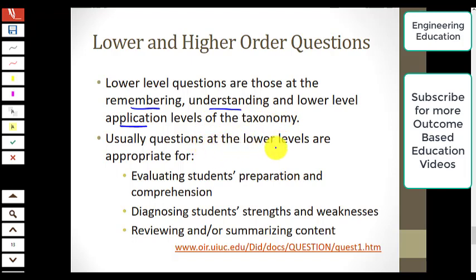Usually questions at the lower levels are appropriate for evaluating students' preparation and comprehension, diagnosing students' strengths and weaknesses, reviewing and or summarizing content. So low order questions help to evaluate these kinds of things.